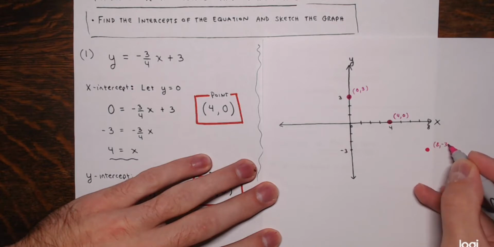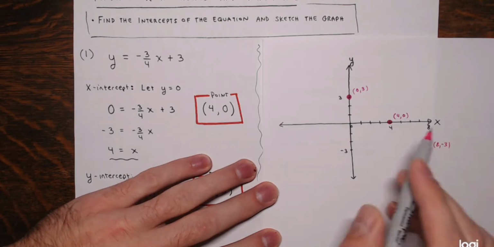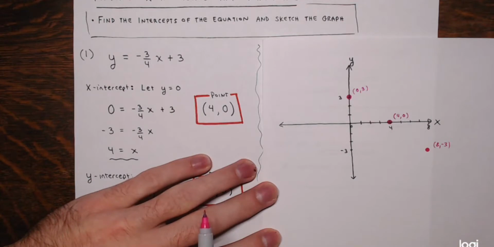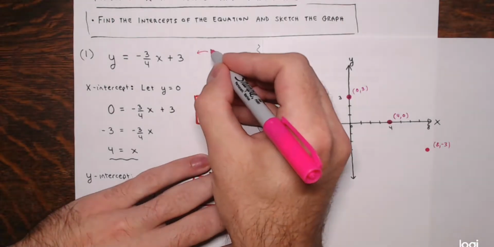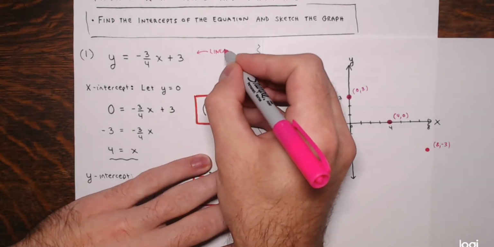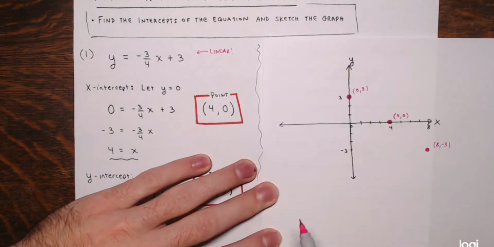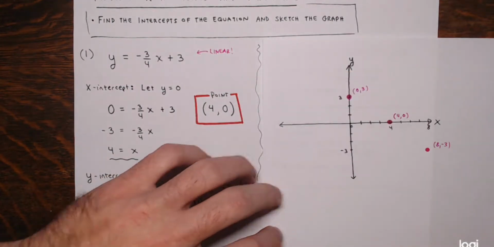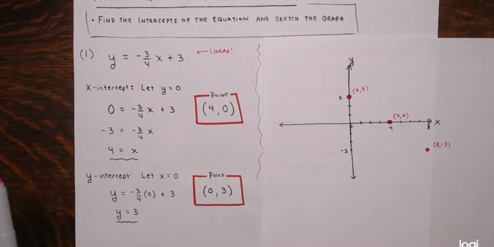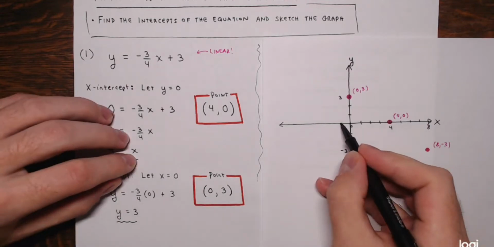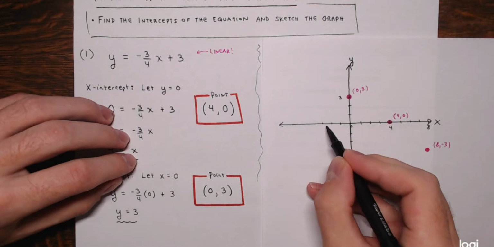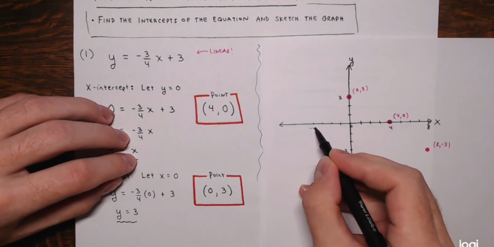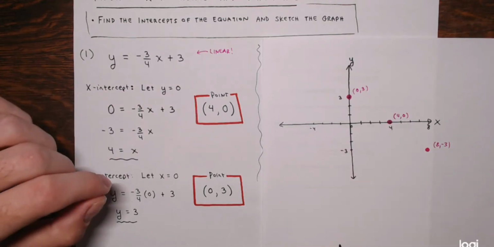You don't need to do this, though. Again, if you already recognize that this is a linear equation, then you only need to find 2 points. But I could do one more here. If I plugged in negative 4, and again I'm trying my best to keep things evenly spaced, if you have graph paper it would be better.